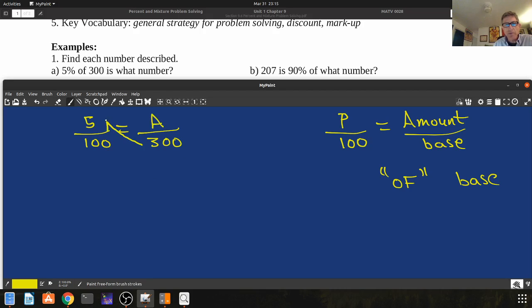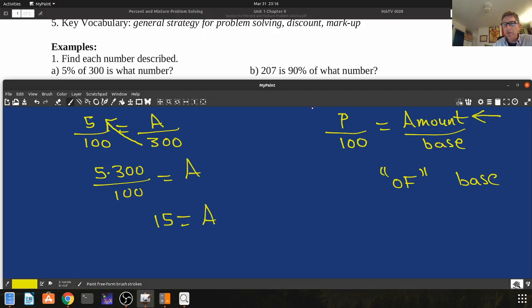Once I multiply 300 up here, a 0 doesn't replace it, a 1 replaces because it's a multiplication. So that's 5 times 300 divided by 100 is equal to A. I used x for the value unknown last time. This time I'm using A because my formula amount is on the top. And either way we go, we still get that the answer is 15.